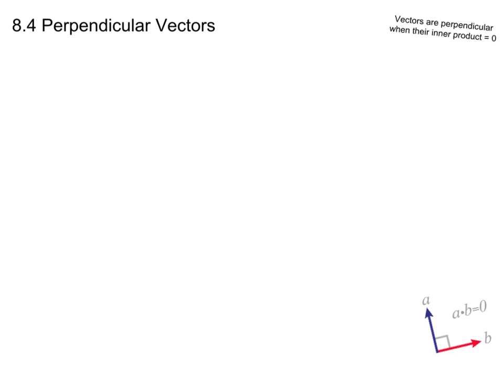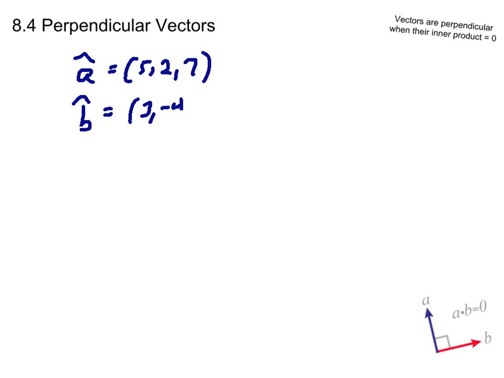Let's do an example. What if we're given vector A, 5, 2, 7, and vector B, 3, -4, -1, and we are asked to find the inner product? Or we could just be asked, are they perpendicular?